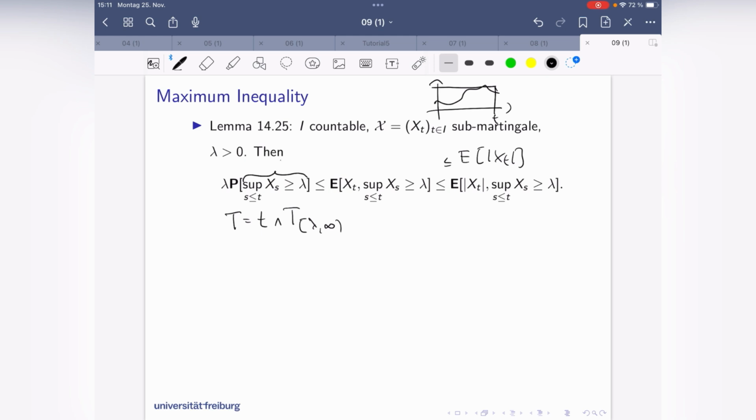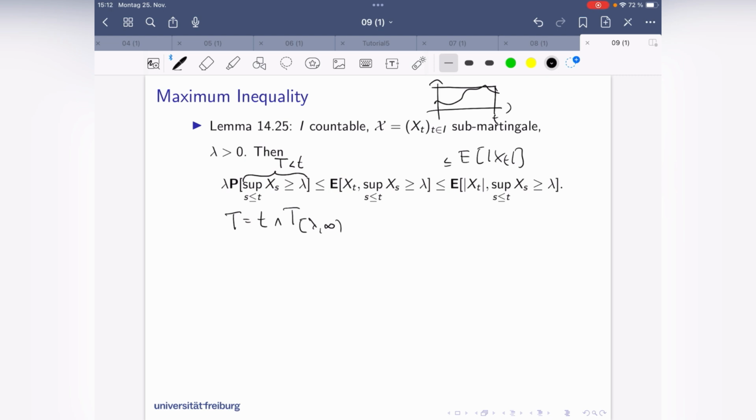That's the same as this T here being less than or equal to t. So we're computing something on this waiting time.